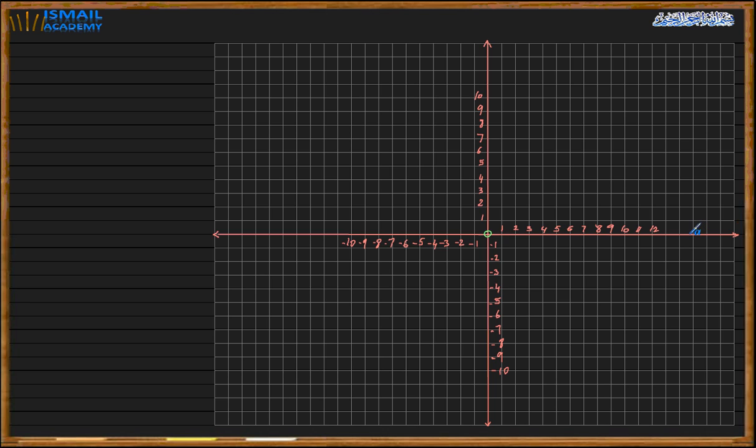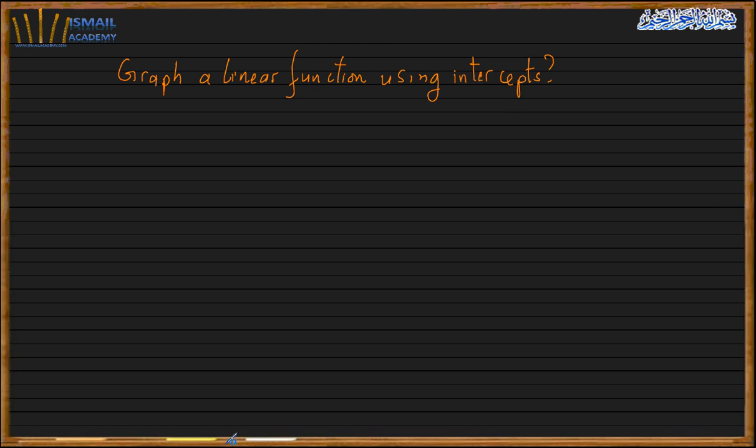When your teacher or professor says intercept, it means a point either on the x or on the y-axis. If they say x intercept, it is on the x-axis; if they say y intercept, it is on the y-axis.